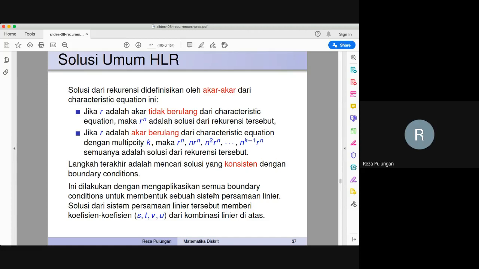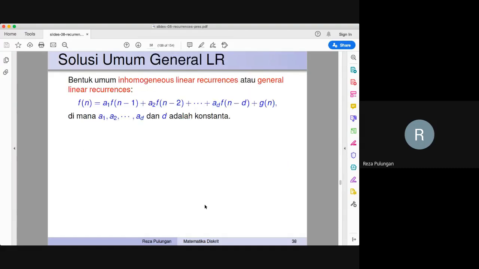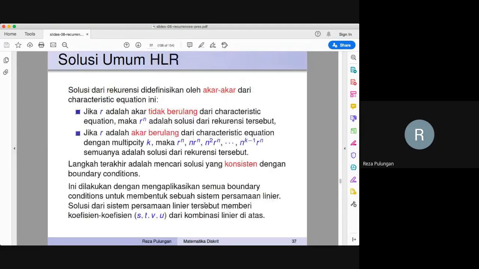Apply the boundary condition to form a system of linear equations. Now the solution of this system of linear equations will give you the coefficients: what will be S, T, V, and U for that particular linear combination. Okay? So that's it for homogeneous linear recurrence.